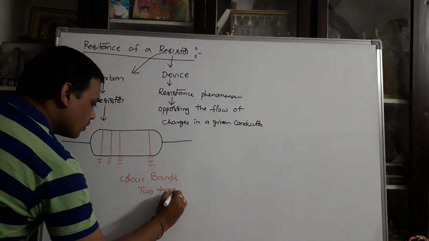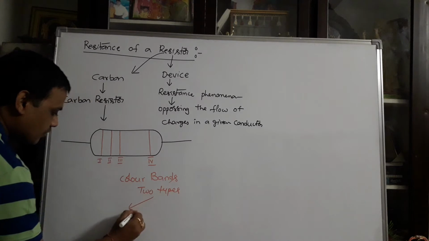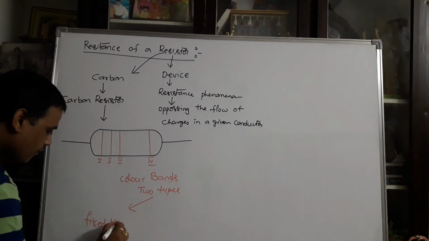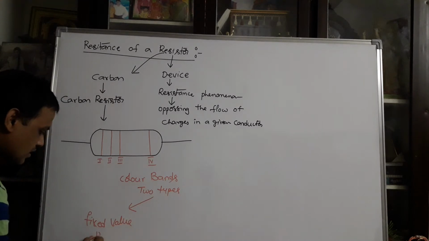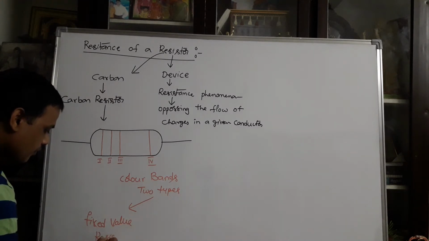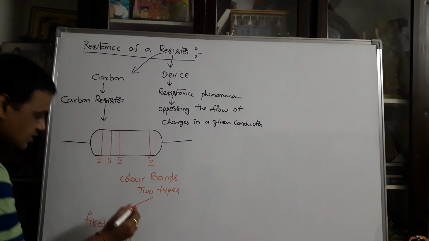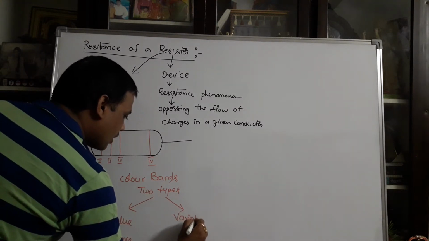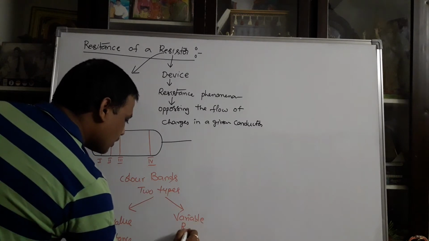What are those? One is fixed value resistance. The second one is variable resistance.